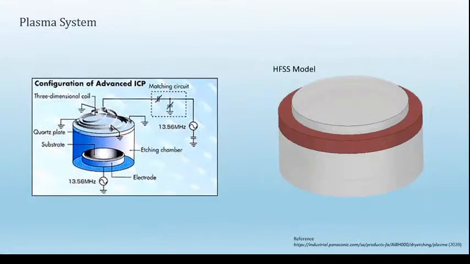And next, this is a very typical plasma system that I found online. We start at the top. We have a planar RF coil, which is connected to the matching circuit, which in real life is a matching box.